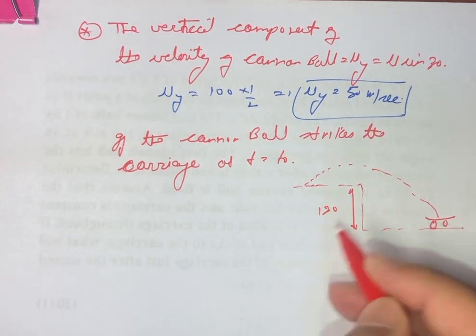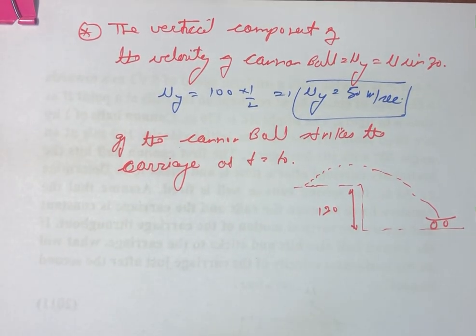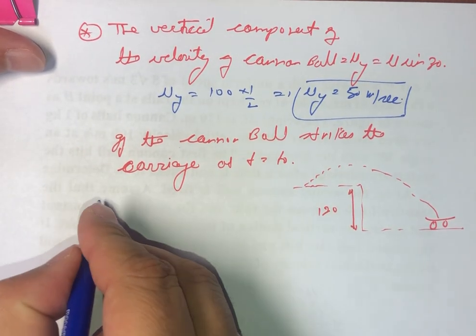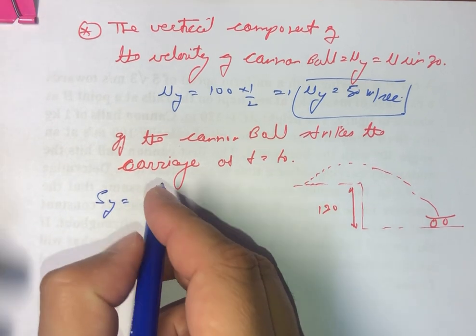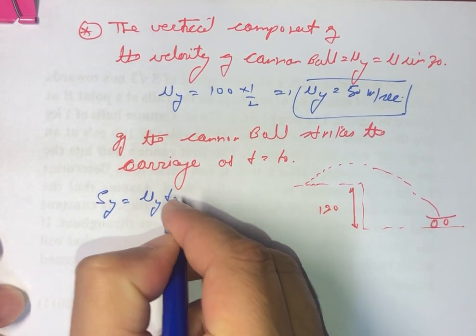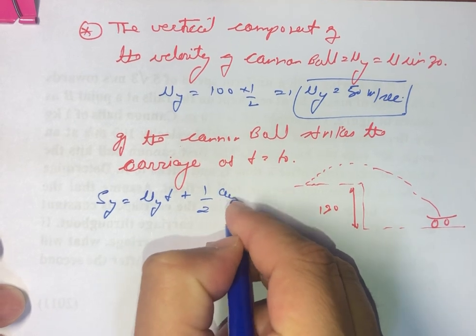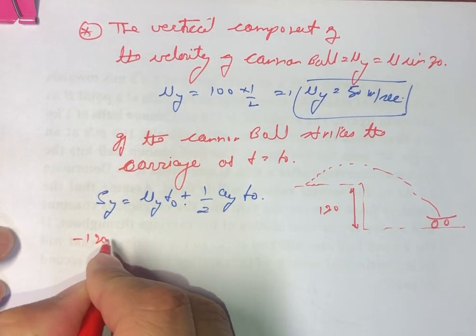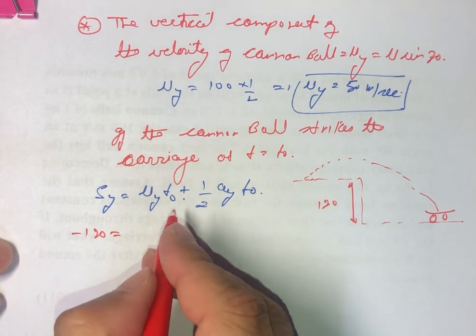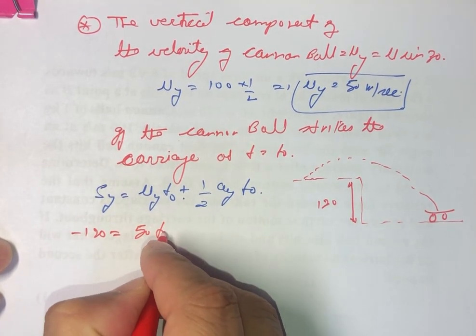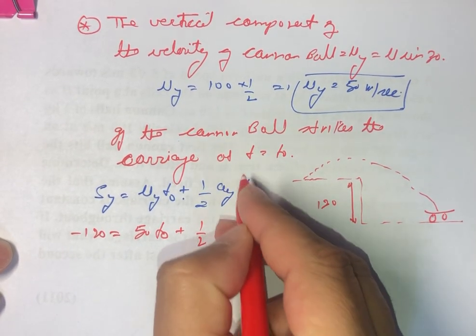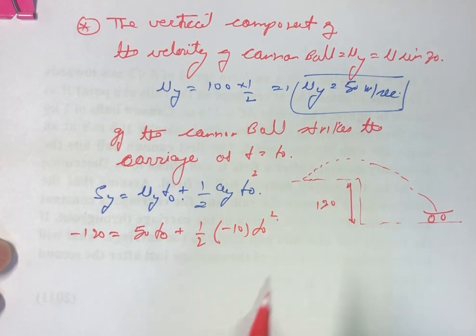This is vertical displacement. Obviously it will be negative. So we can say sy is equal to uy t plus half ay t naught square. Sy is minus 120 and uy is our 50, so this comes 50 t naught plus half ay is minus 10, so this is t naught square.